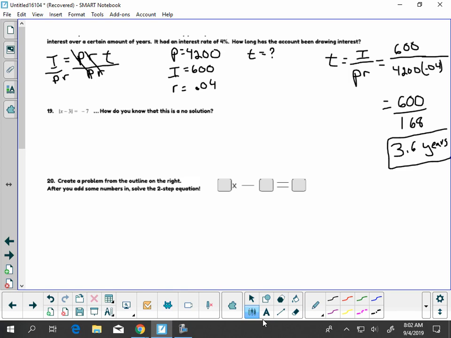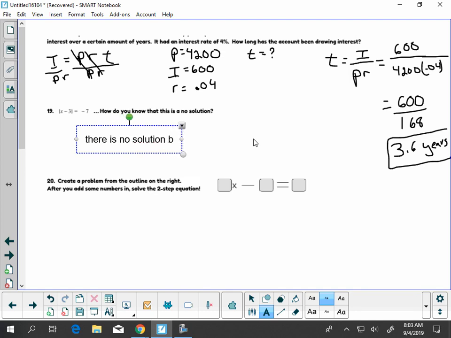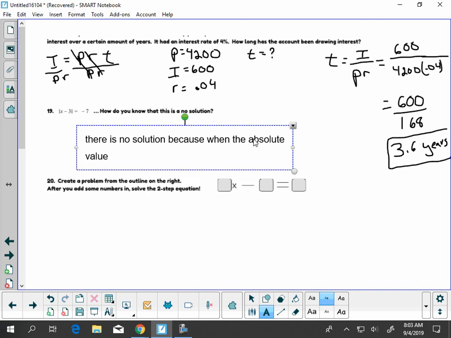All right, number 19. How do you know that this has no solution? There is no solution because when the absolute value is taken, the result cannot be negative.